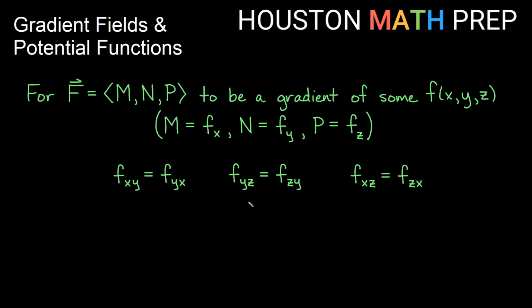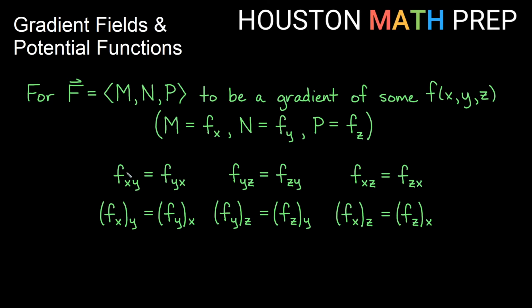So now think about what each of these say, right? I have partial f_x and then derivative with respect to y, partial f_y and then derivative with respect to x, and I do a similar thing with yz and zy and xz and zx. And then if I think about subbing out all of these things in parentheses for m's and n's and p's, then we get these 3 statements that must be true in 3-dimensional space for something to be a gradient field.